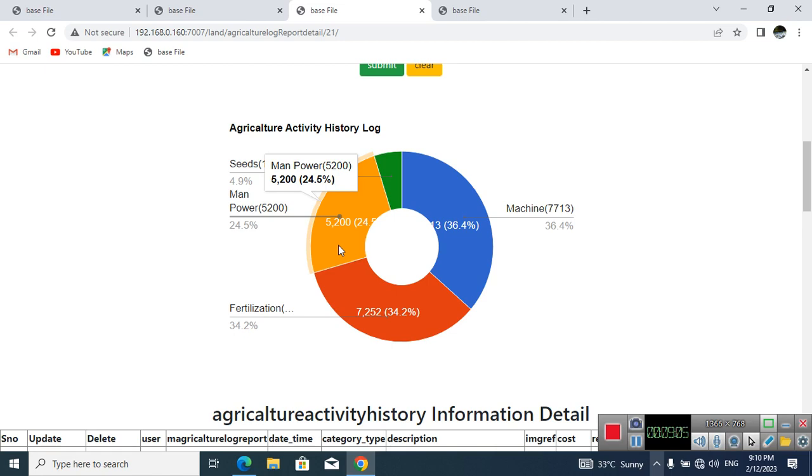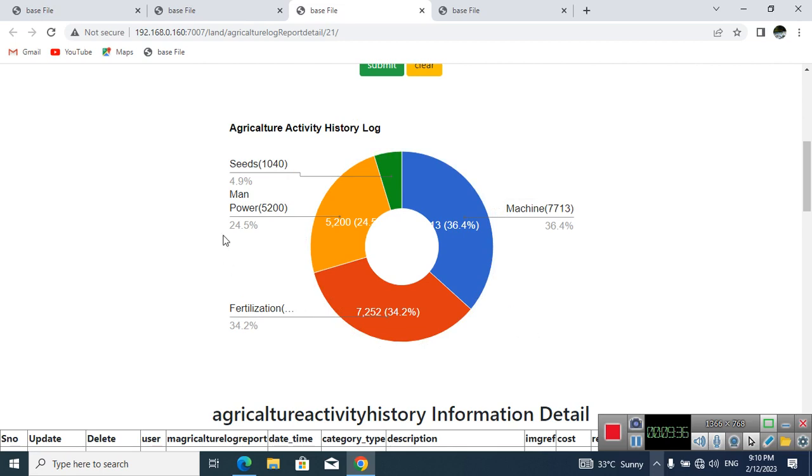In some agriculture-related work, we need to take the bags and hand them over to the tractor. For such things we need to approach the manpower, which is around the third largest, 24 percent of the payment. These are the round figures, the totals, for the four activities: machinery, fertilizations, manpower, and seeds.